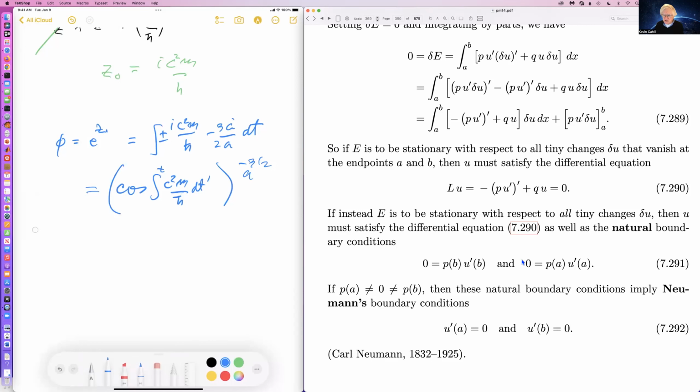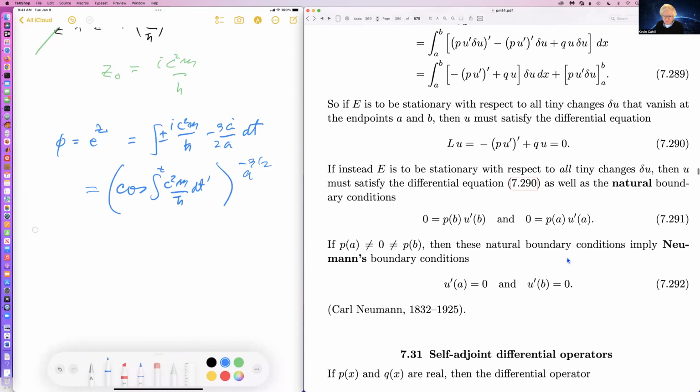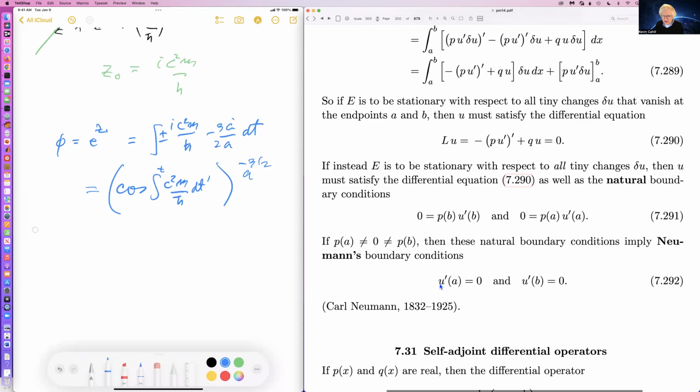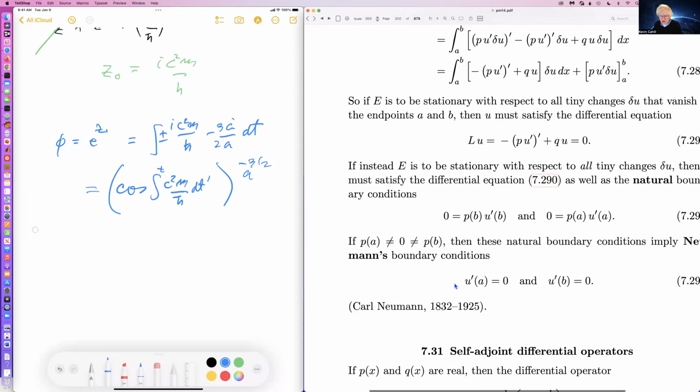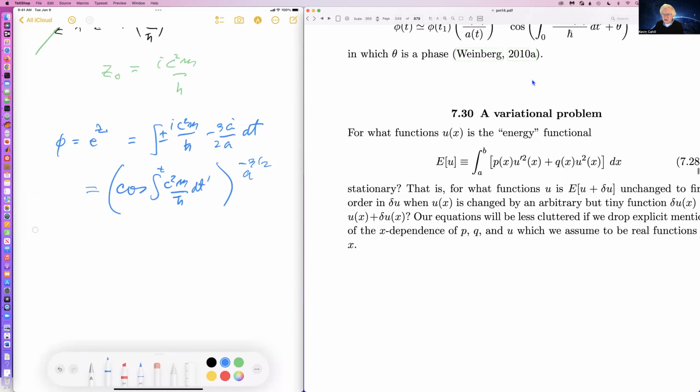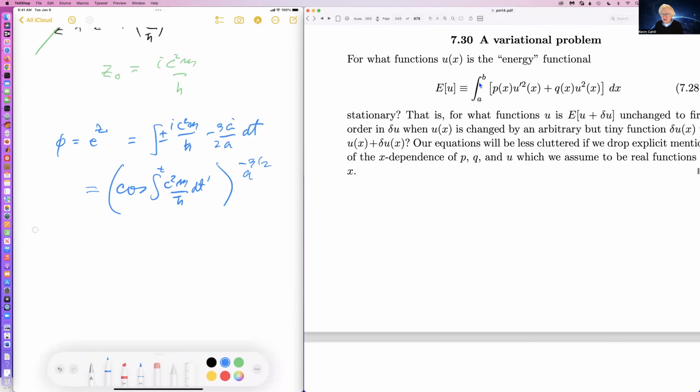Here, these boundary conditions are Neumann boundary conditions, and they're that U prime vanish at the two endpoints. And so what we've been led to is by considering functionals that are quadratic in the first derivative, and don't have any linear terms in the first derivative.